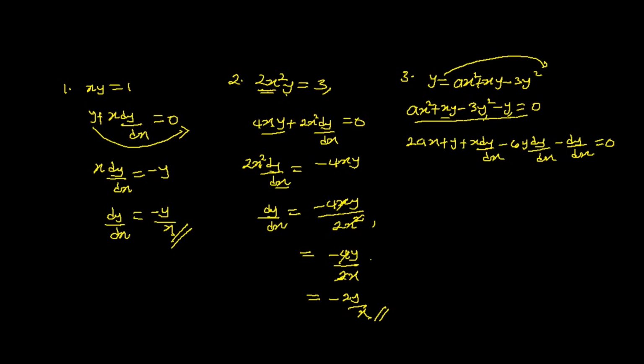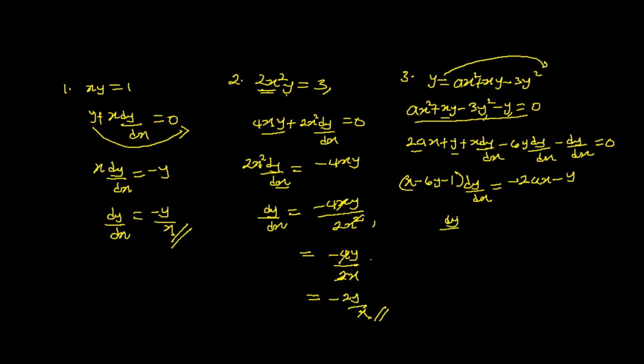So let's collect like terms. We are going to have x minus 6y minus 1 in brackets, times dy/dx, equal to, let's take this one outside here, minus 2ax minus y.